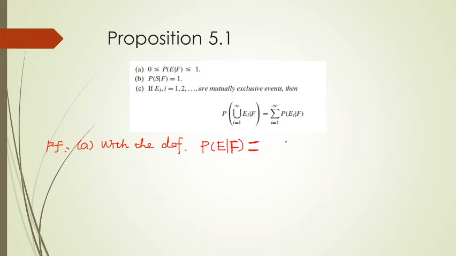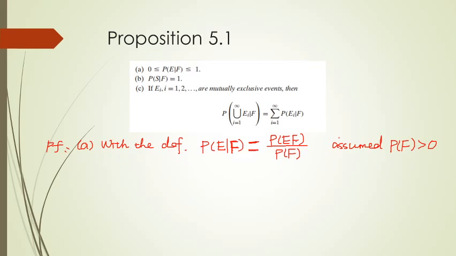Of course, they are not independent, right? So that will be the probability of E and F over the probability of event F. And when we write this conditional probability, we assume the probability for the event F will be positive. It cannot be 0 as the denominator, right?